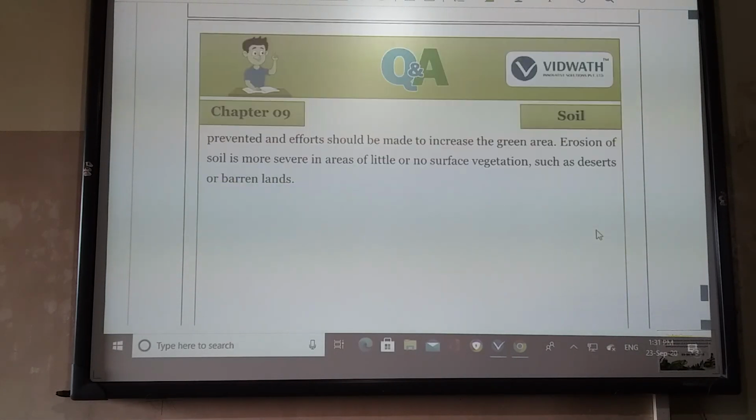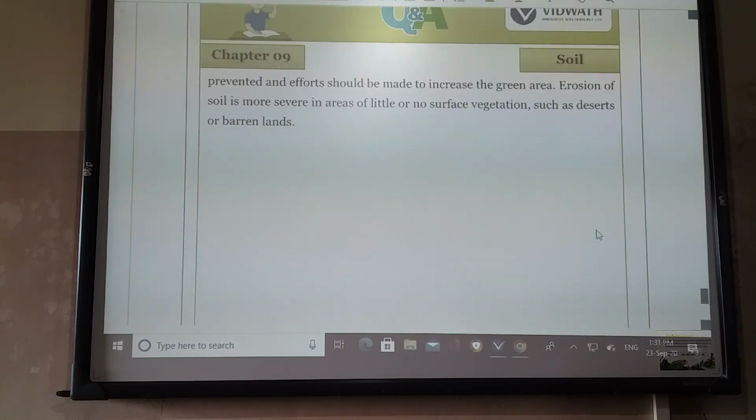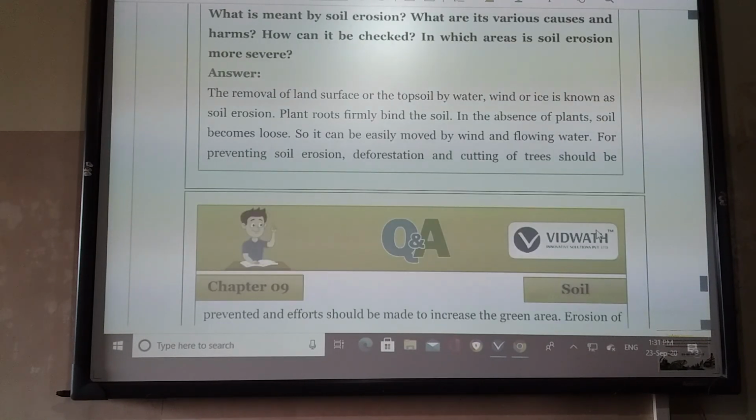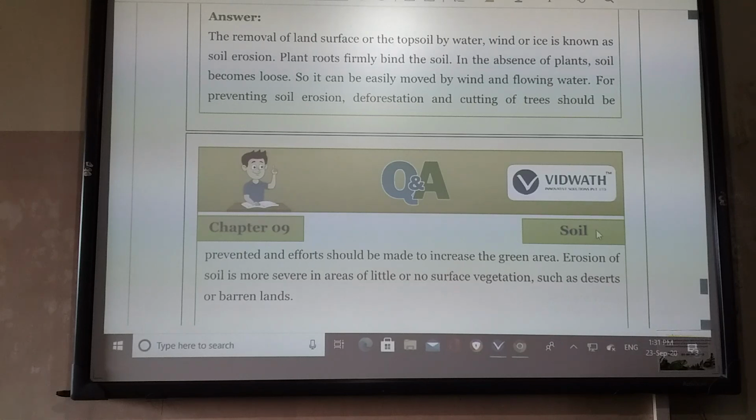Erosion of the soil is more severe in areas of little or no surface vegetation, such as deserts or barren lands.